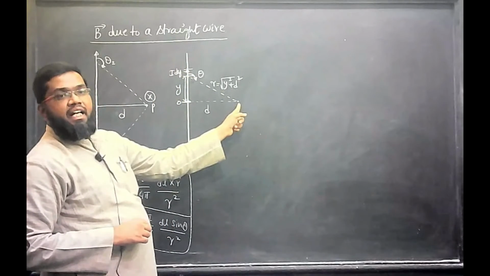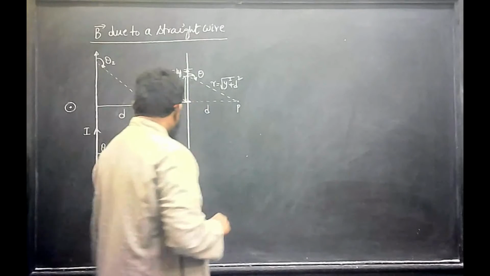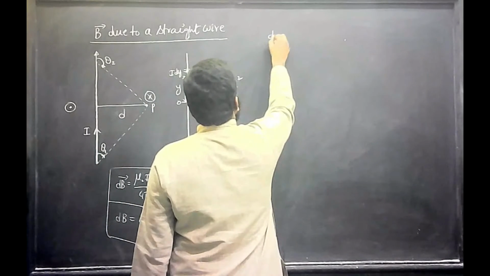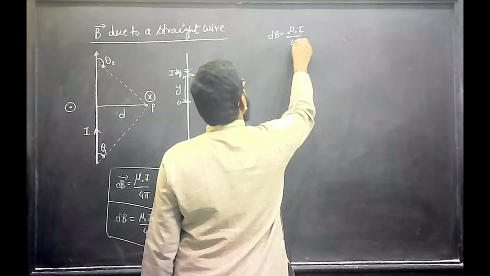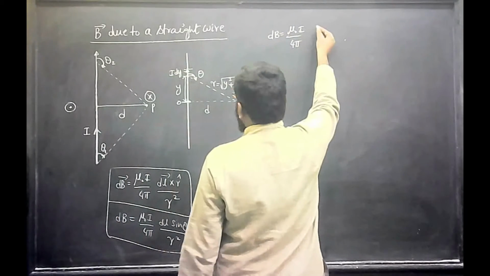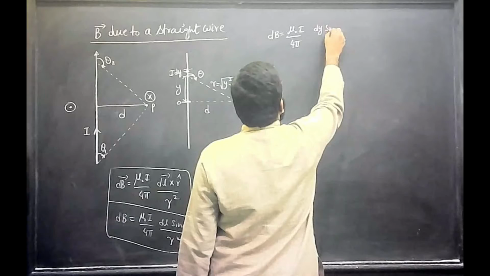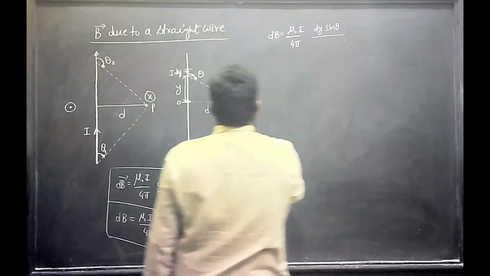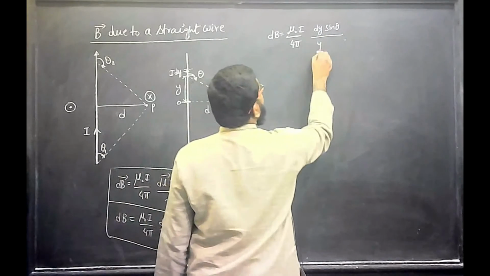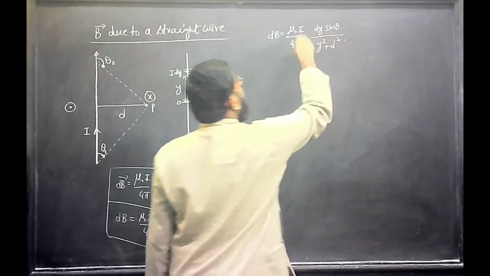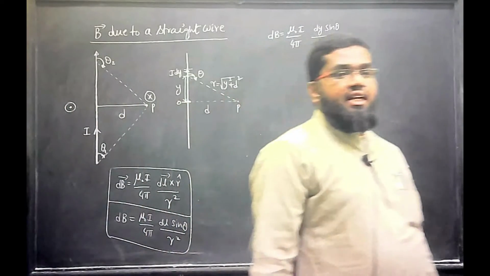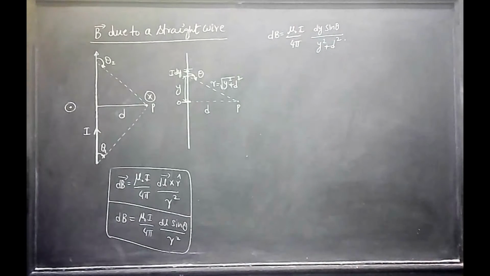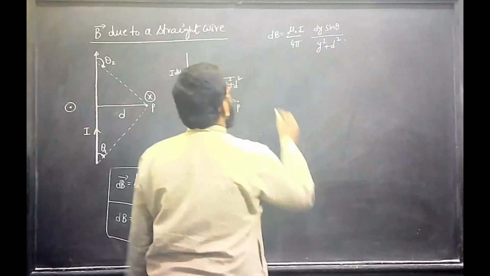So the magnetic field at that particular point is given by dB equal to mu naught I by 4 pi into dy sin theta divided by r square, where r square is y square plus d square. Now we convert everything in terms of either y or theta. Better we convert everything in terms of theta. So our goal here is to convert everything in terms of theta.